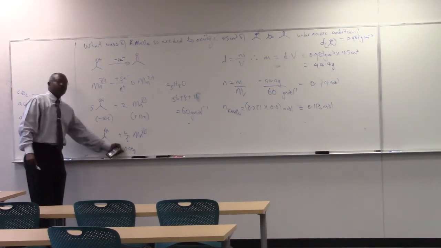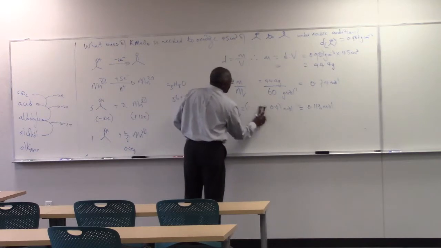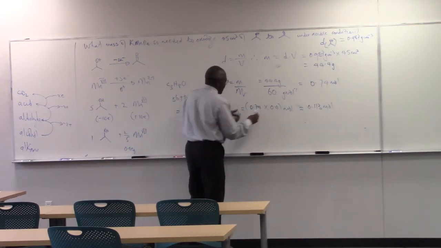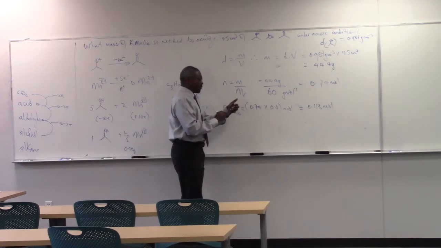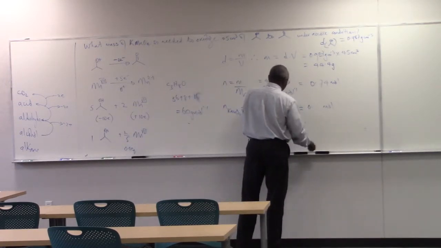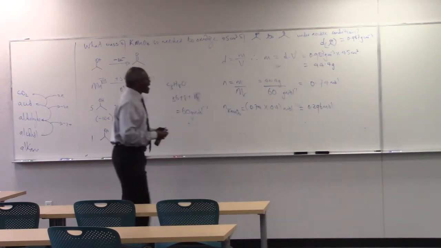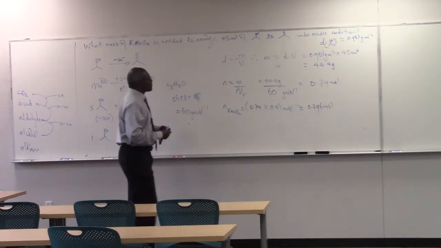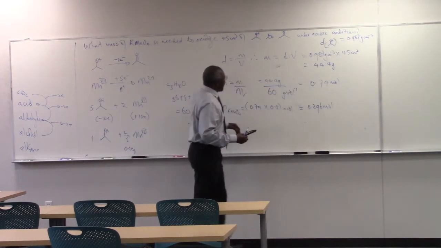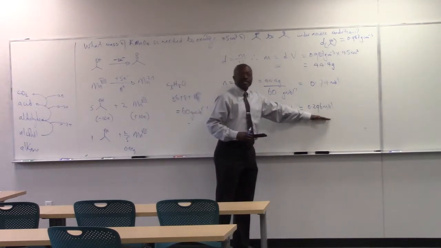If one needs 0.4, then 0.74 will need 0.74 times 0.4, which is 0.296. Right. So my 0.74 moles of the alcohol will need 40% of that, which is 0.296.